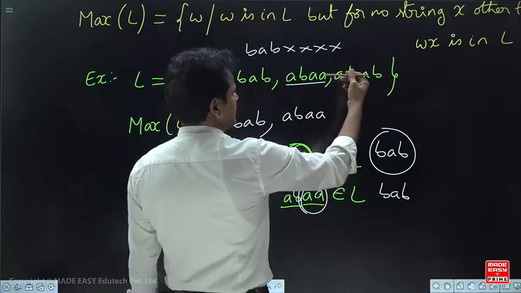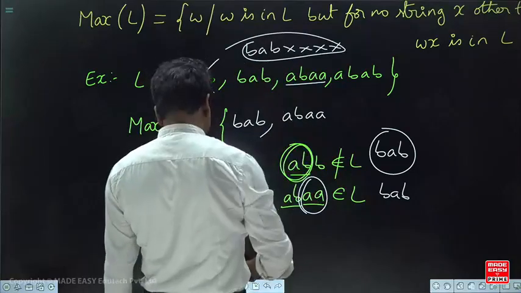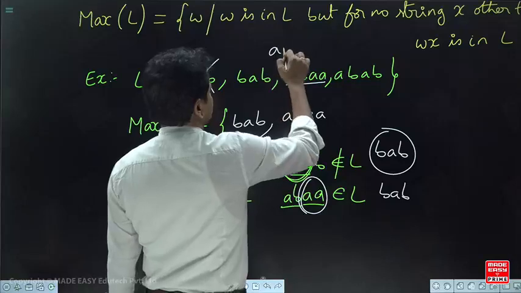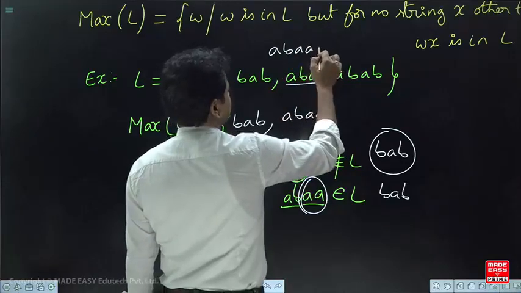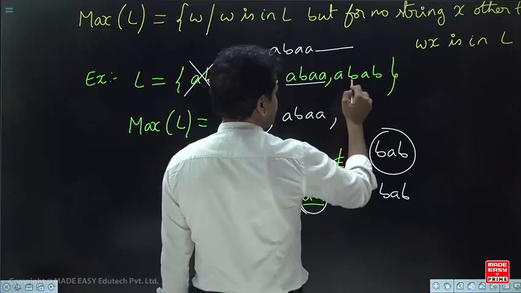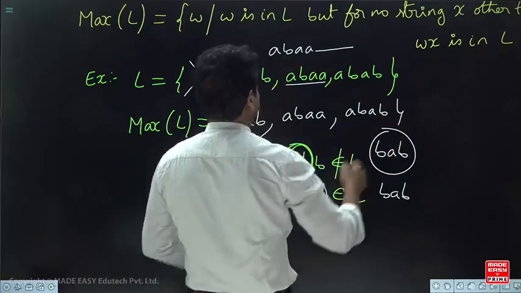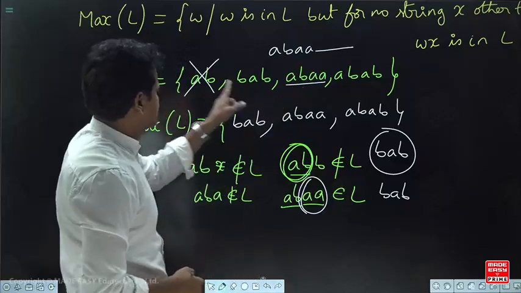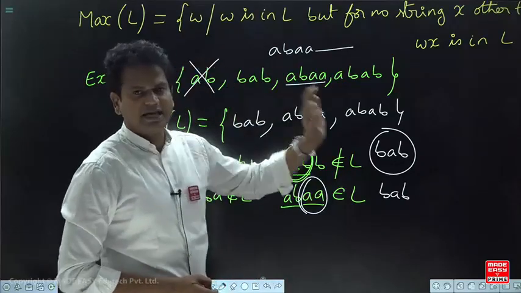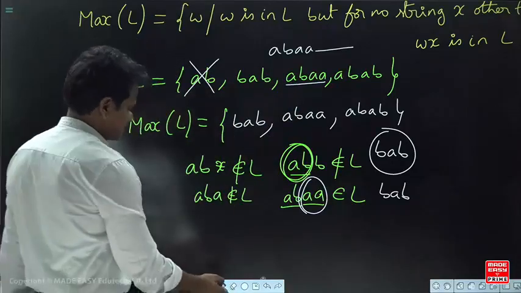So whatever string you attach for ABAA, it won't be in the language. So I can take. Similarly, ABAB has no prefix in any other string. AB is not a prefix of any other string. So maximum of L is this one.